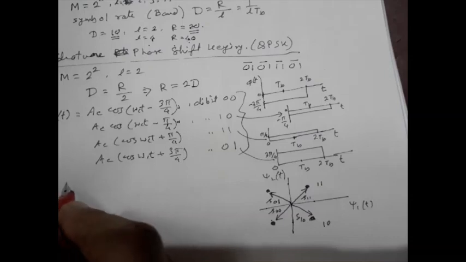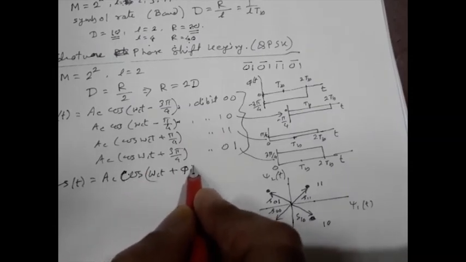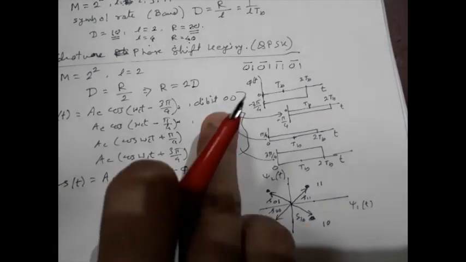So in general, s(t) can be written in this way: A_c cos(ω_c t plus φ_i(t)), where this φ_i(t) depends on the dibit value.